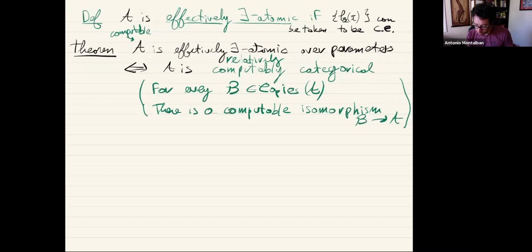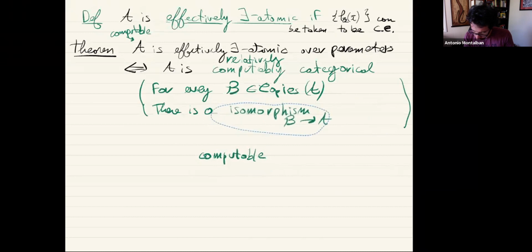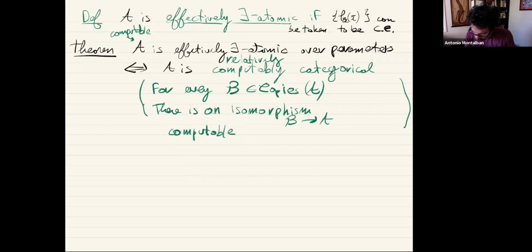Okay, so this is not completely correct. Let me fix this: an isomorphism computable in B. Right. So if I give you a structure B that I know is isomorphic to A, how hard is it to find the isomorphism?